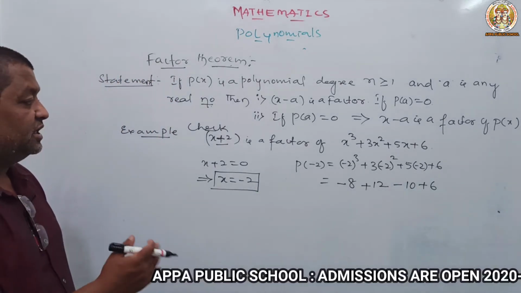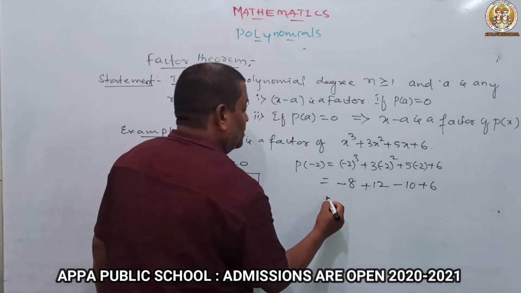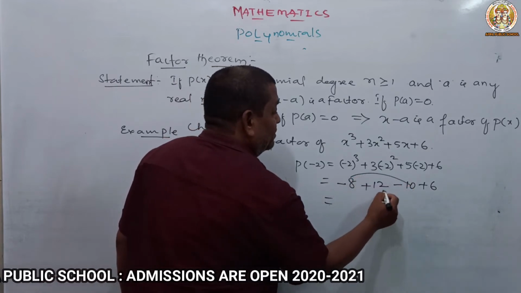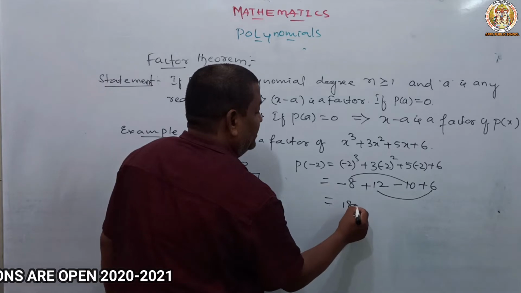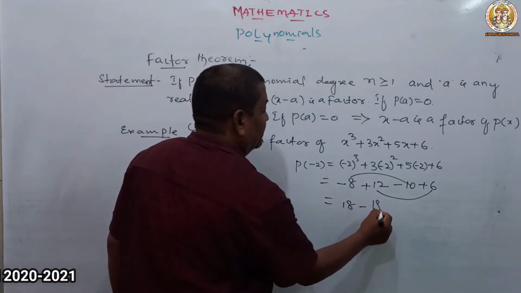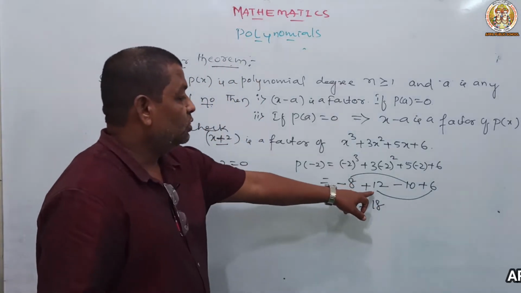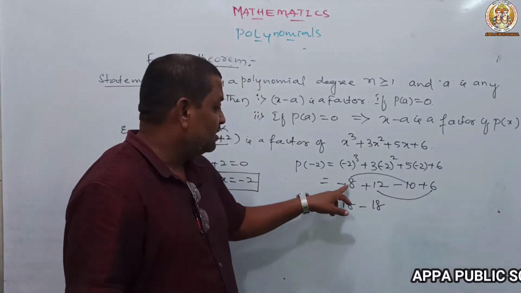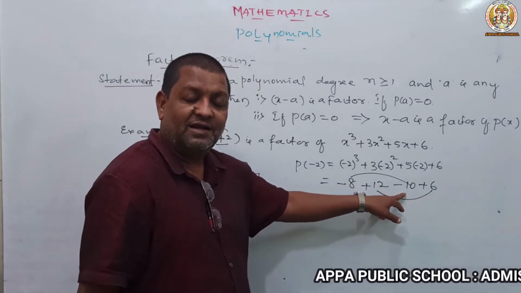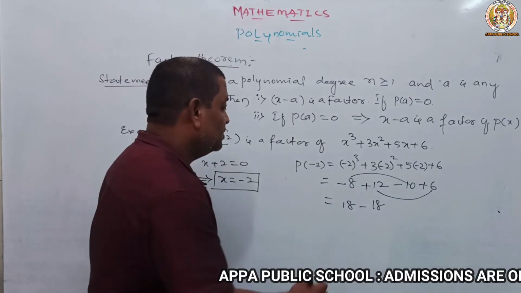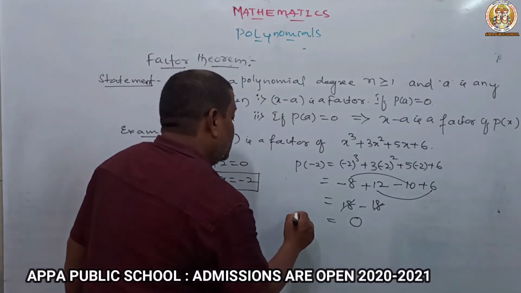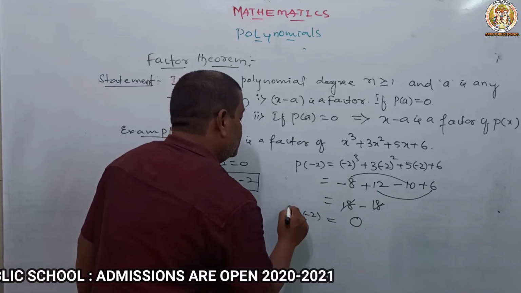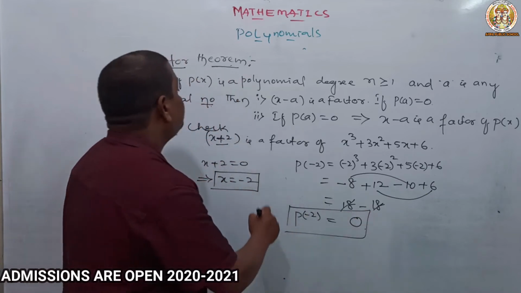Okay, check it. Take minus on one side, plus on one side. So this is 18 minus 18. 12 plus 6 is 18. Minus 8 minus 10 means minus 18. See the answer, both cancel. What did you get? 0. It means p of minus 2 we got 0.